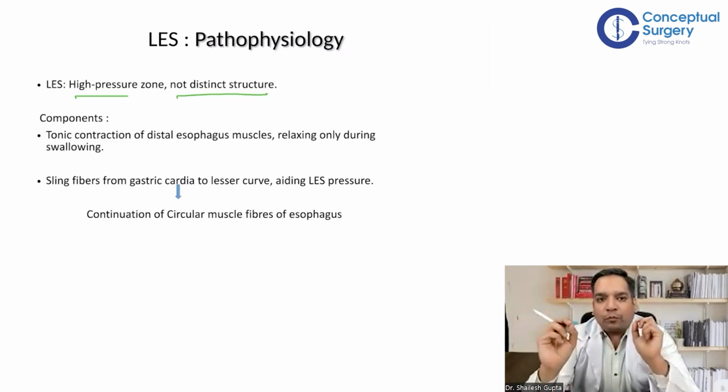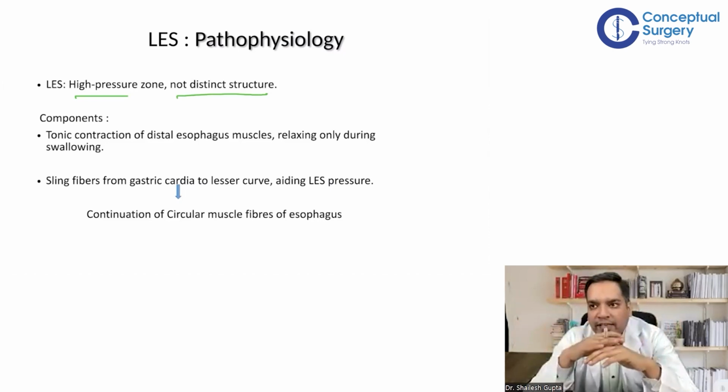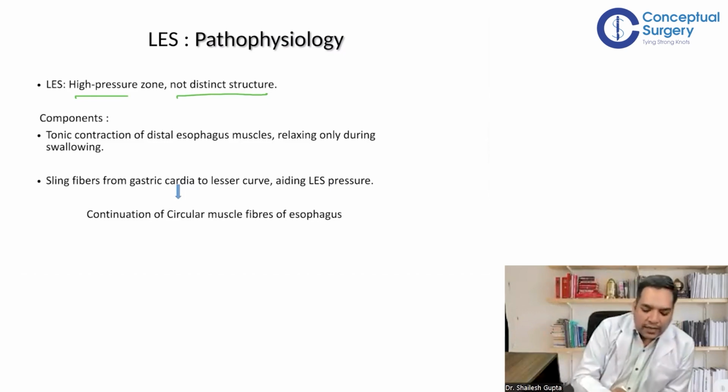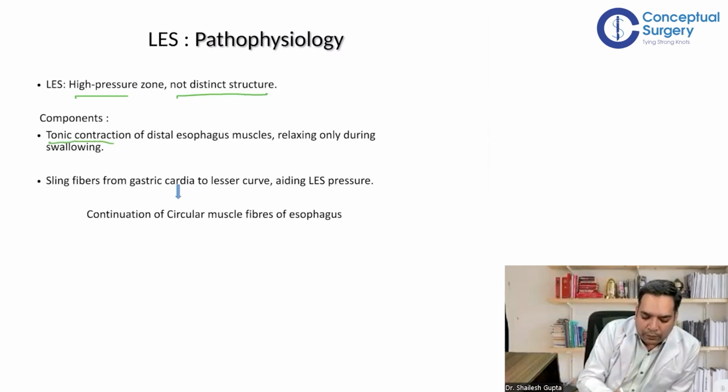What are the components of the LES, or how does the LES work? Basically, the lower esophageal sphincter remains in tonic contraction throughout, and relaxes only during swallowing. This is very important.